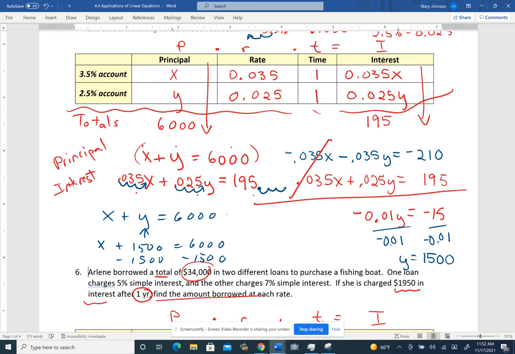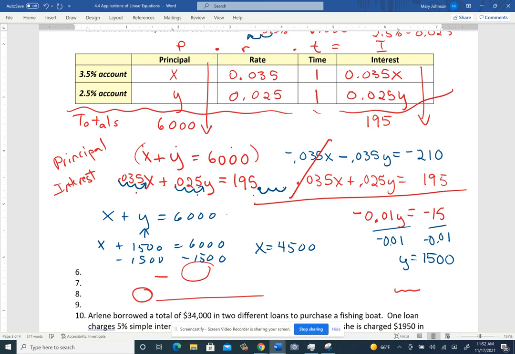And when I do, I get how much was invested: $4,500. So x would equal 4,500. Okay. And that would be how much is invested in the 3.5% account. So you really should then interpret the question.